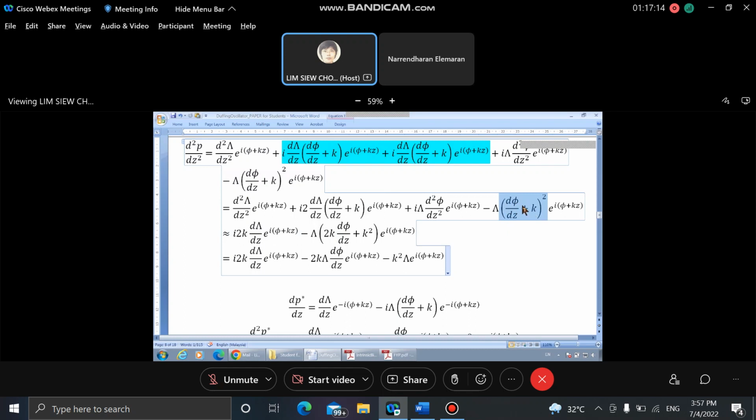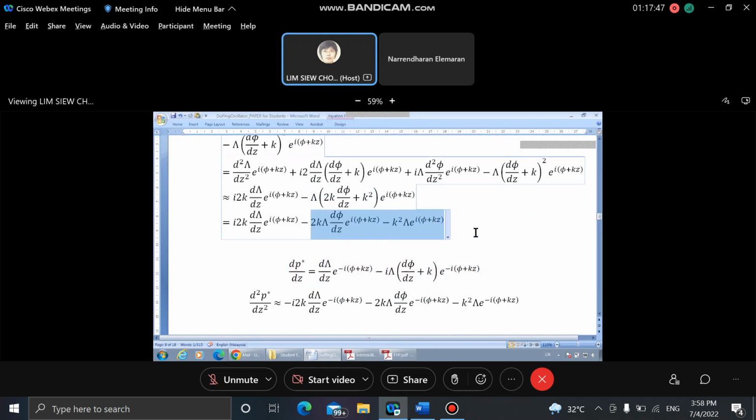But the d phi over dz term squared, you also cancel. So this term disappears. This term has only one term, which is this one. This term cancels. This term you have 2 terms, because when you expand this, you have 3 terms. You retain these 2 terms only. So after this, I expand this bracket, so I have these 2 terms. Are you still with me?